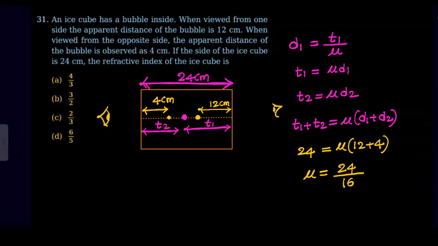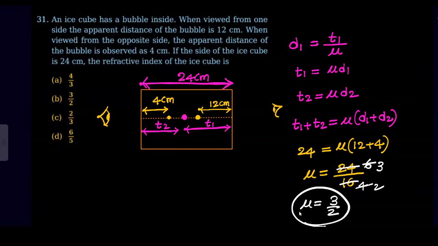How much is this value? 3 by 2. Yes. 4 fours, 2 twos and 3s. So the mu value is 3 by 2. Got it? Yes, sir.